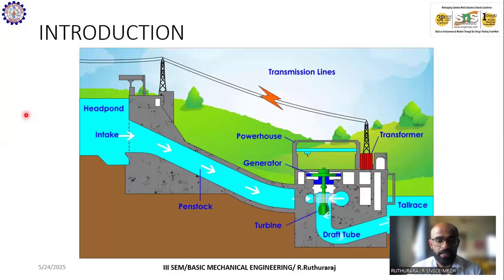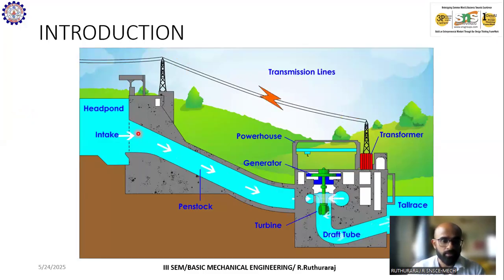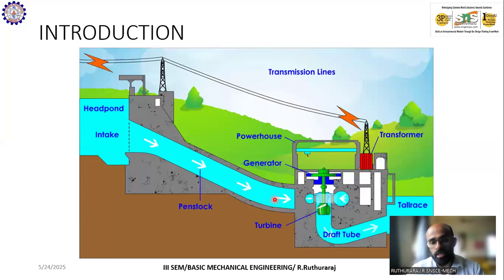So wherever there are dams available, we can dig a small canal like this. This concrete part is actually a dam. Here a penstock or a canal will be designed, so that will cause the water to flow into the turbine setup.